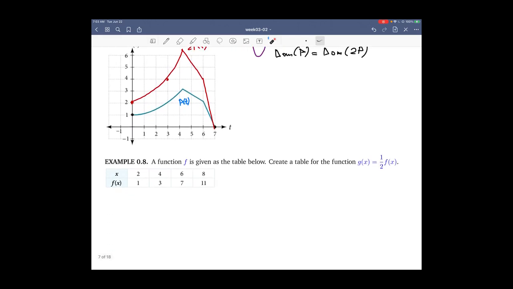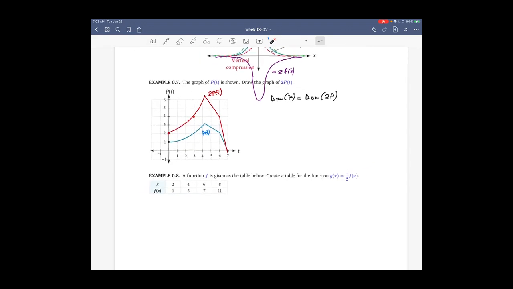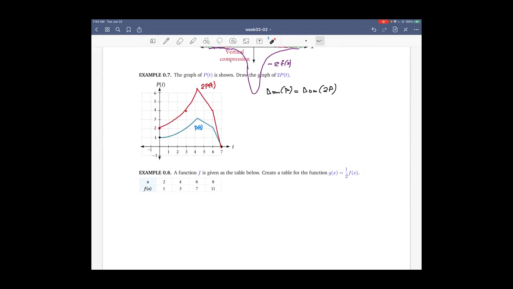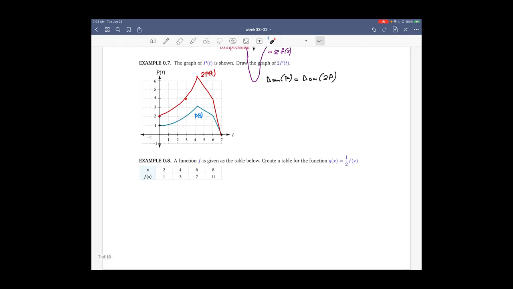How about this example? We have function f given by a table, and we need to produce function g of x, which is half of f of x. Well, because it's a vertical stretch, and it's a vertical stretch because we don't touch x.